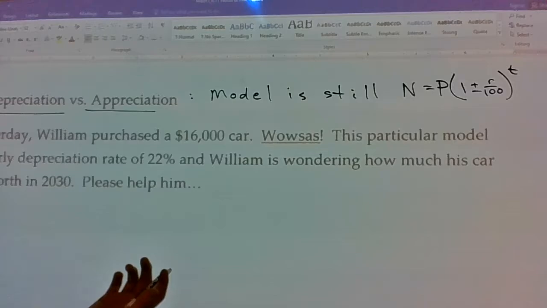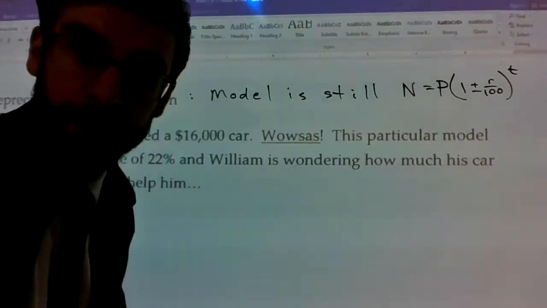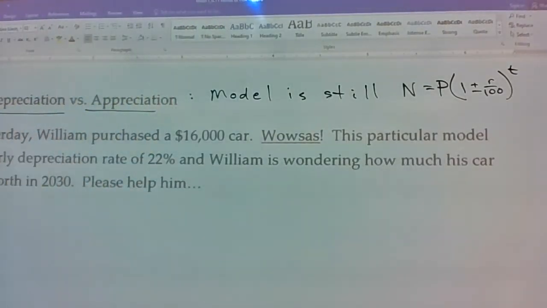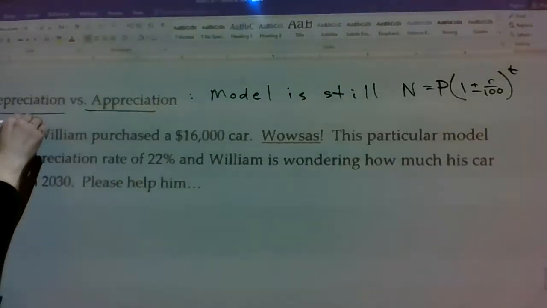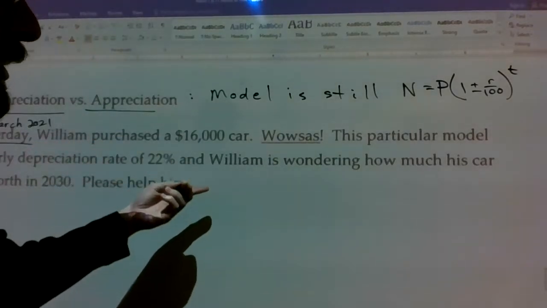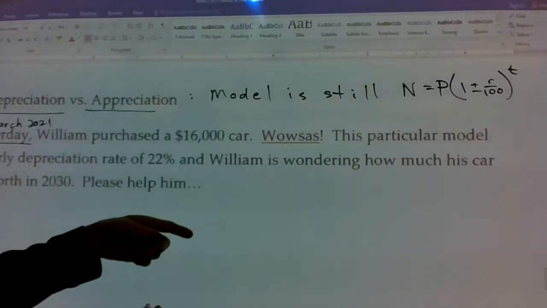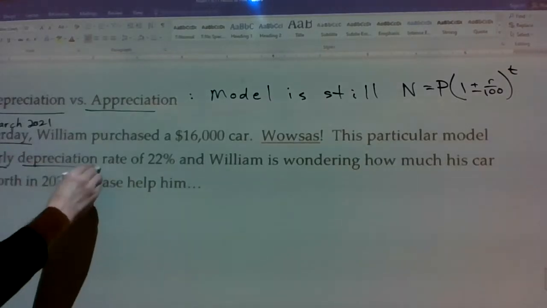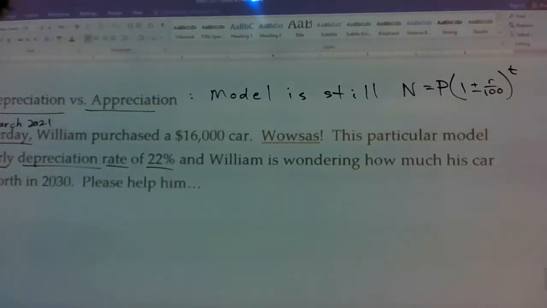So just yesterday, so we're kind of assuming it's early March 2021, random guy, William, purchased a $16,000 car. This particular model has a yearly depreciation rate of 22%.